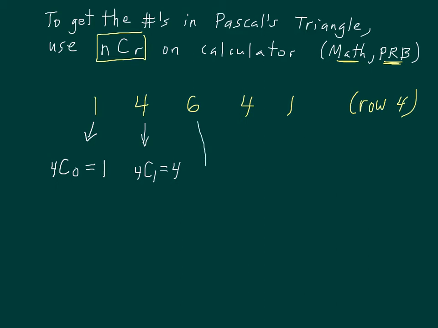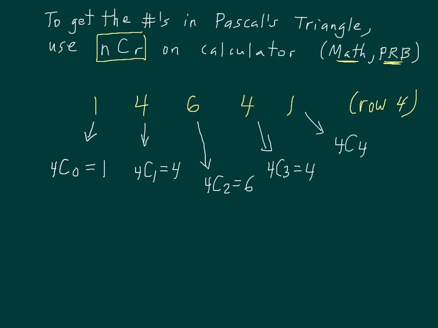And please make sure you are doing this at least once. Make sure you know how to use your calculator to find these. So the 6 is the third term. That's 4 choose 2. This 4 is the fourth term, so 4 choose 3 would be 4. And this 1 is 4 choose 4.